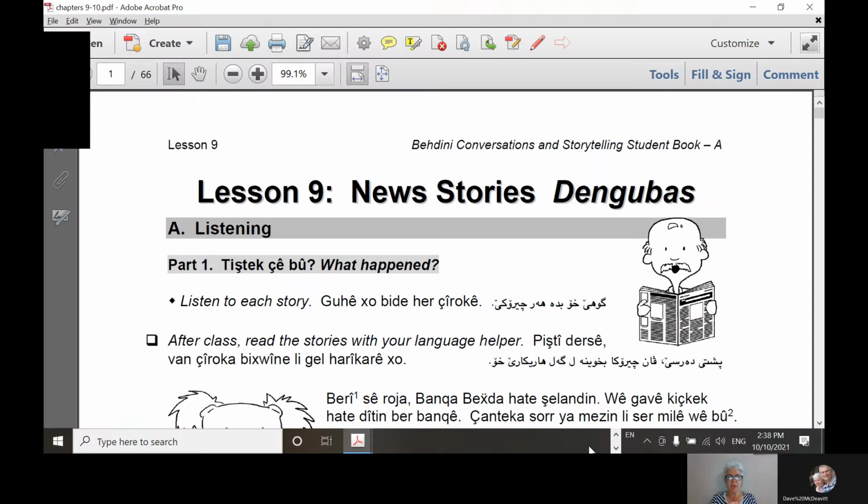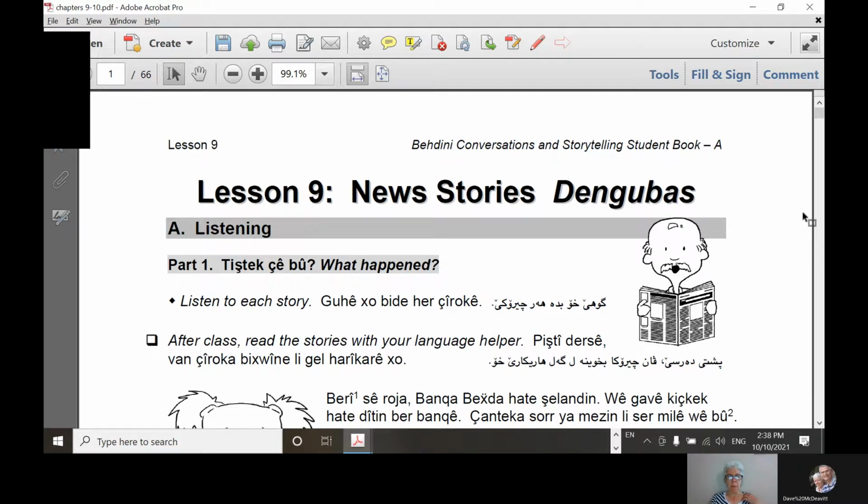This is the Dehookie version that I'm looking at right now, page 192. And in this lesson, we introduce the transitive past tense. So sentences that are in the past tense that use transitive verbs.